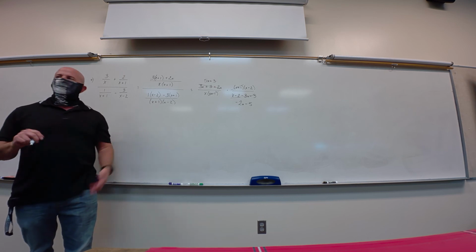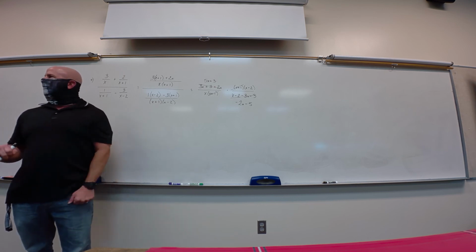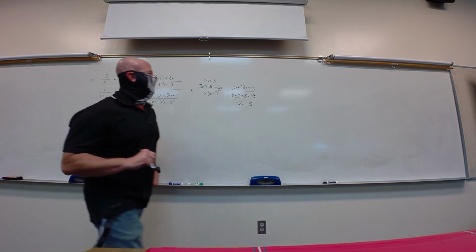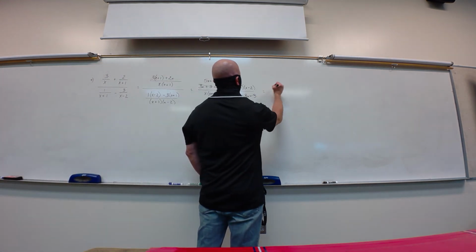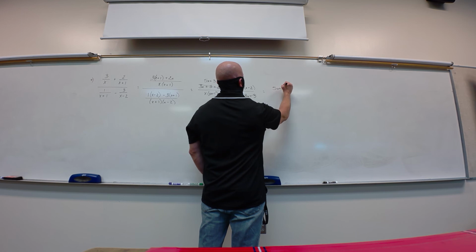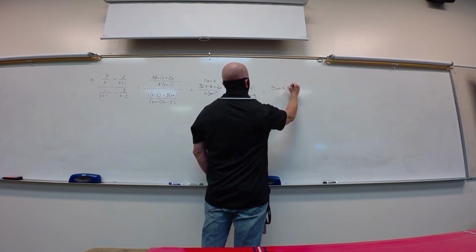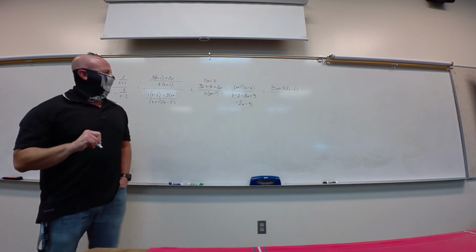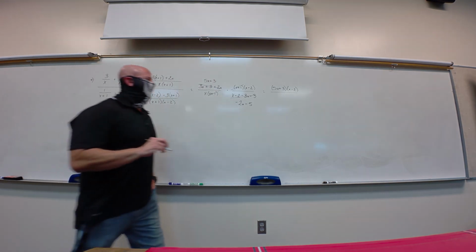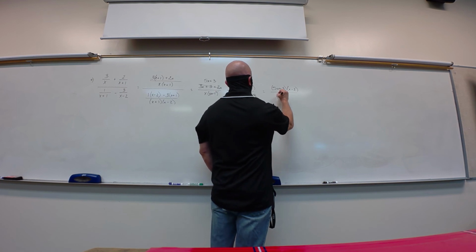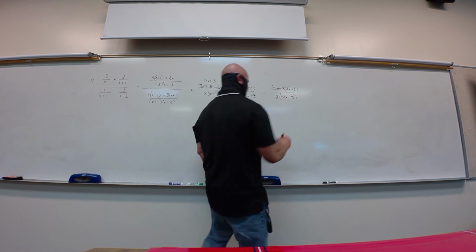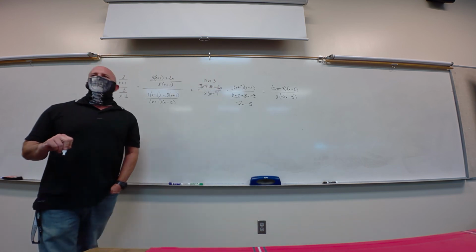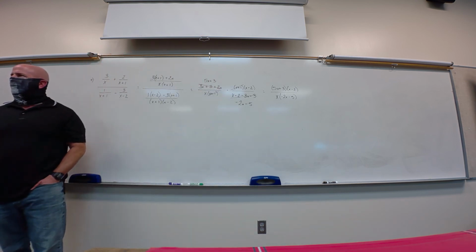I'm going to write it out. Sometimes when you write out what's left, you might see something else. Let's take a look. That numerator, 5x plus 3 times x minus 2. That's all that was left up there. Denominator, x times negative 2x minus 5. There's that negative showing up again.